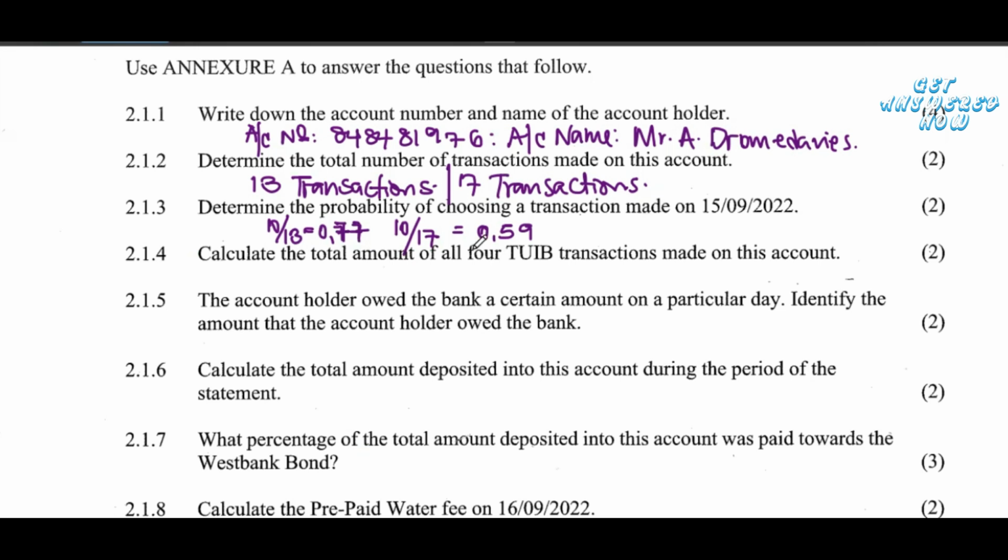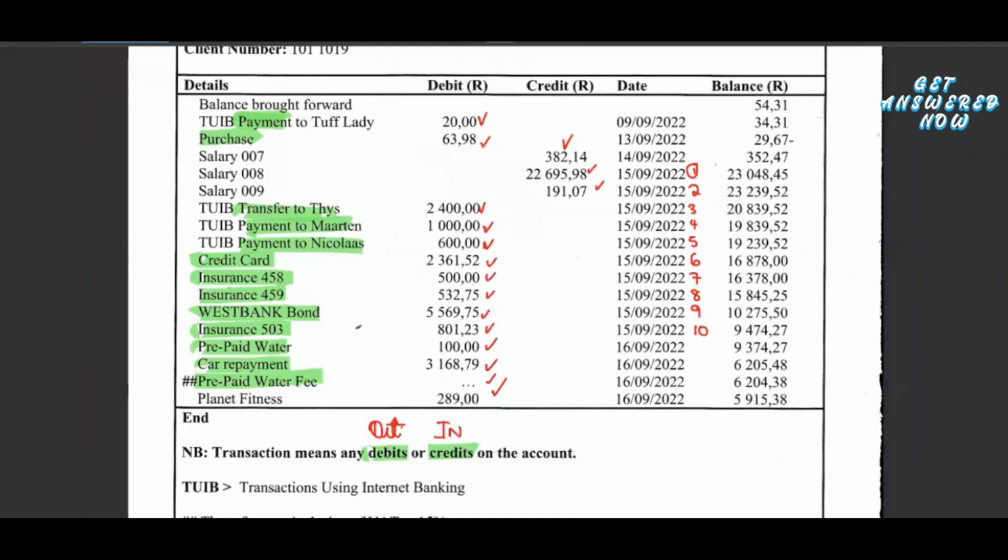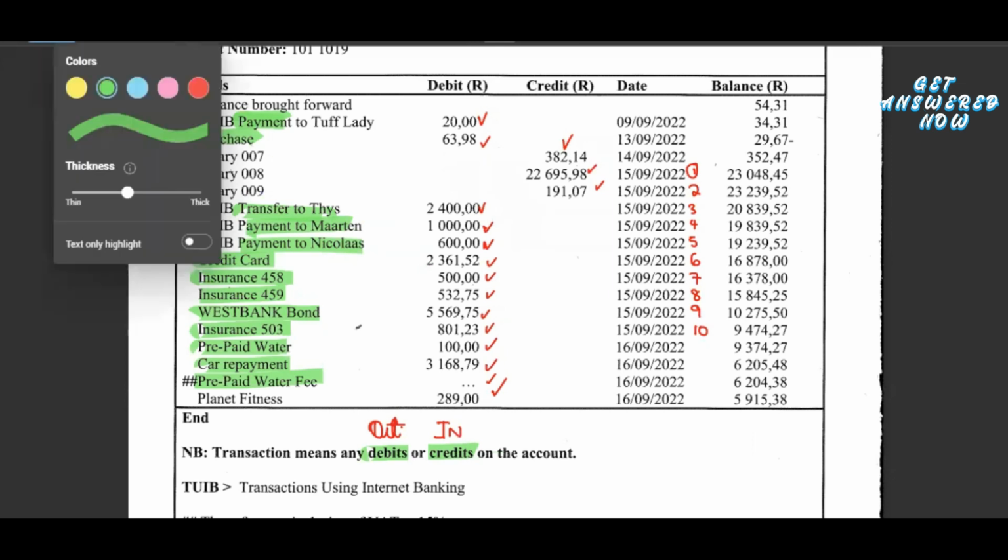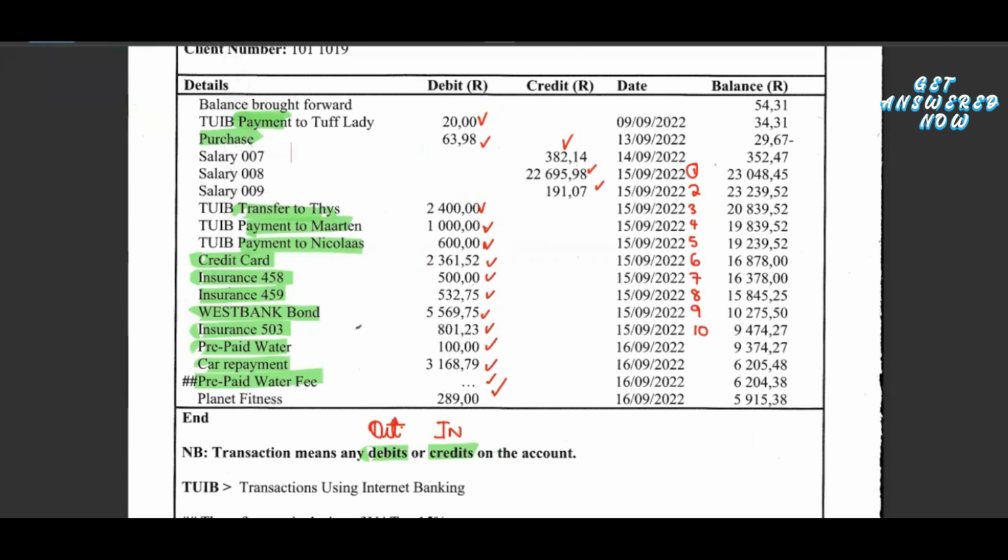Calculate the total amount of all the insurance transactions made on this account. Let's go to the account and identify those transactions. We're identifying, we have 1 here, 2, 3, 4.